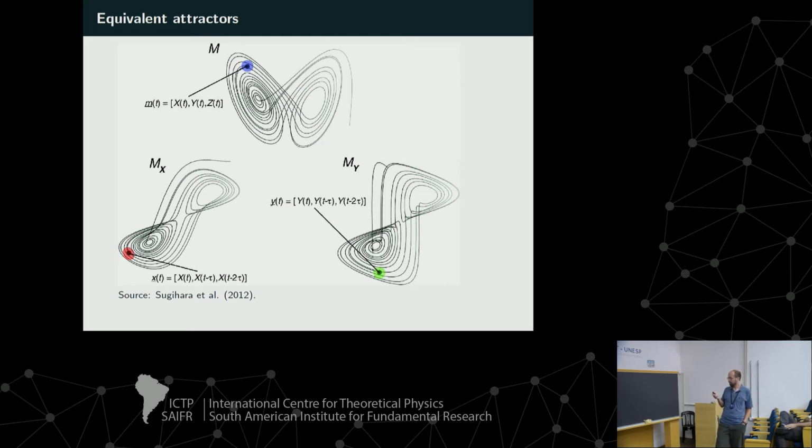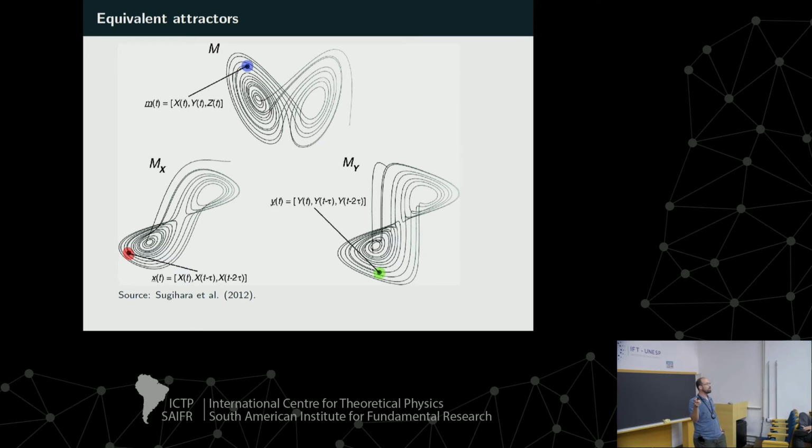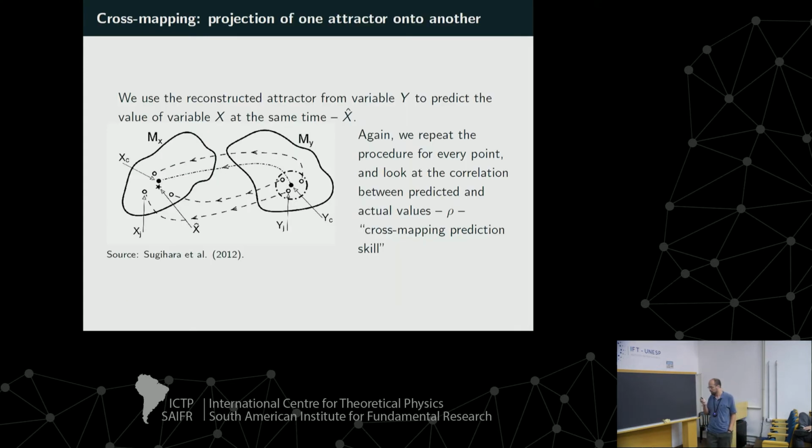So what you do is try to predict one of the variables from the other, and if you have a good prediction, then you say that the mapping is good. Remember, when we wanted to predict the next point in X from the reconstructed attractor using the X variable, what did we do?